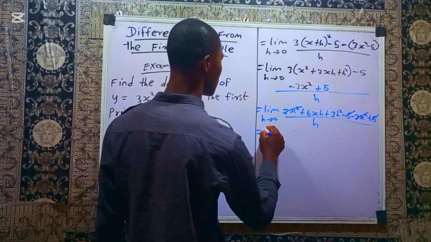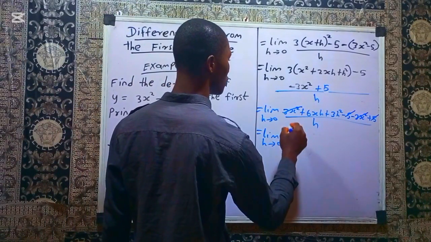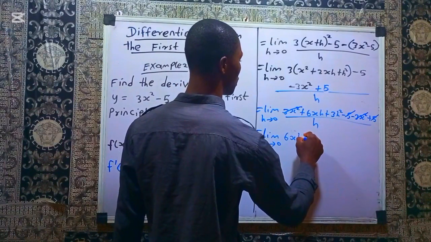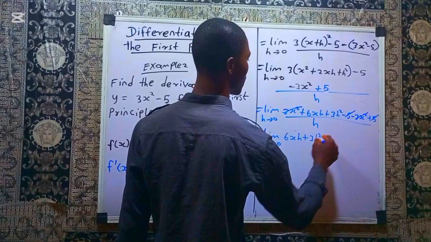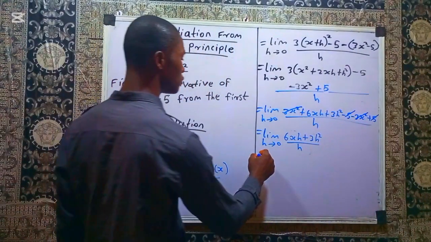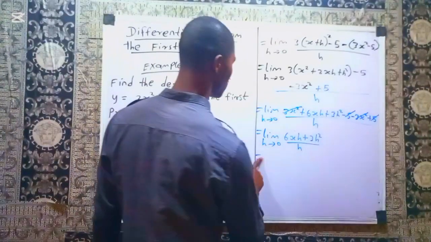What is now remaining is the limit as h goes to 0 of 6xh plus 3h squared, all divided by h. If you look closely, h is common.